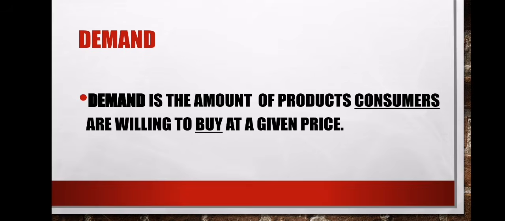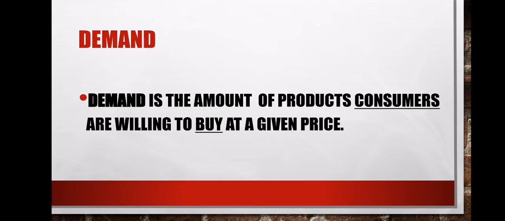When we define demand, good people, we say demand is the amount of products consumers are willing to buy at a given price. And what I want you to note here is that this is the produce that the consumer or the customer is willing to buy at a given price.